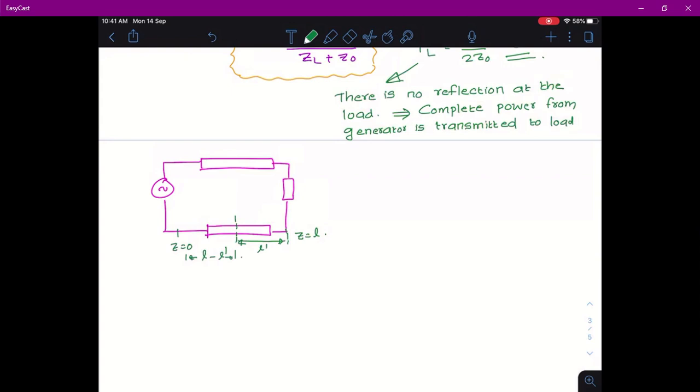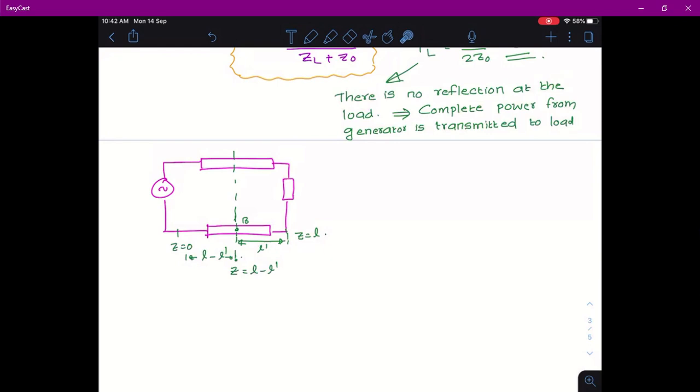Let us say I want to find the reflection coefficient at this point B, which is at distance L dash from the load. So, you see for this point the value of z is L minus L dash, because you are measuring from z equal to 0, although it is a distance L dash from the point z equal to L.